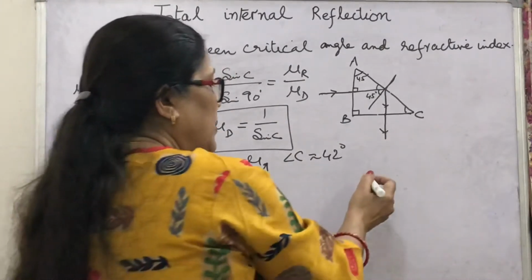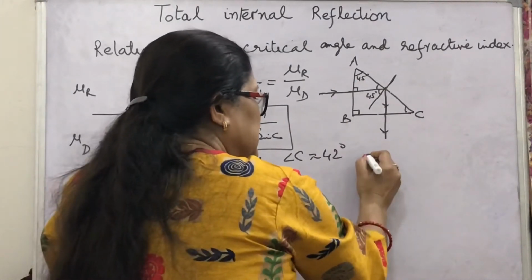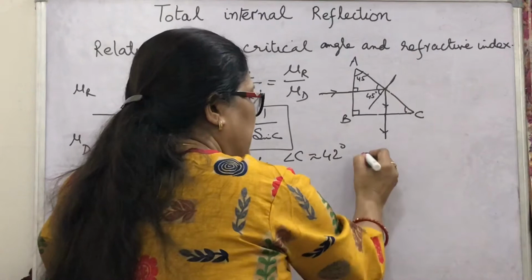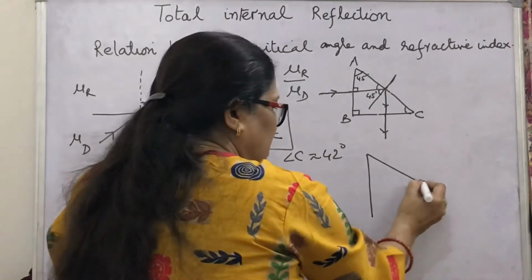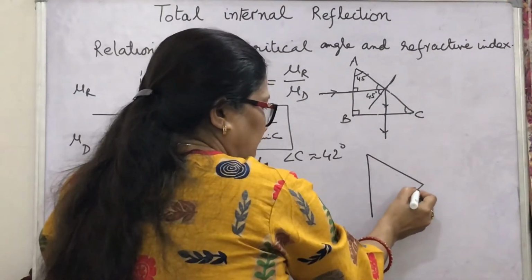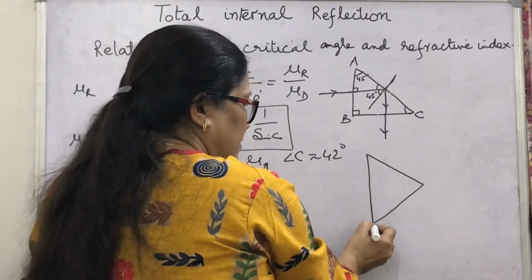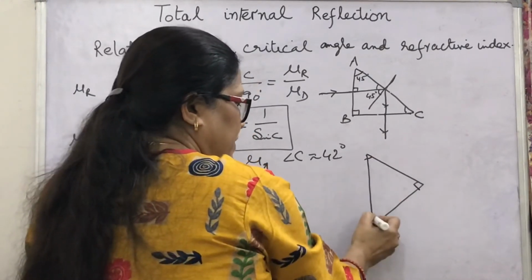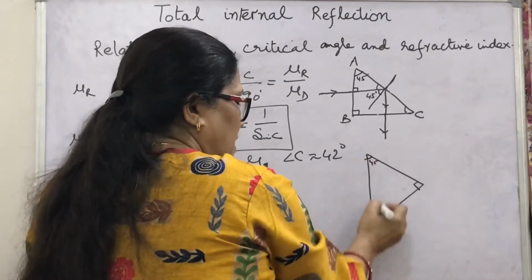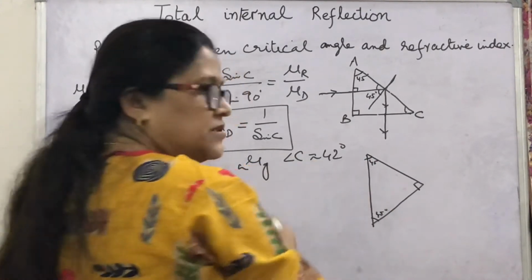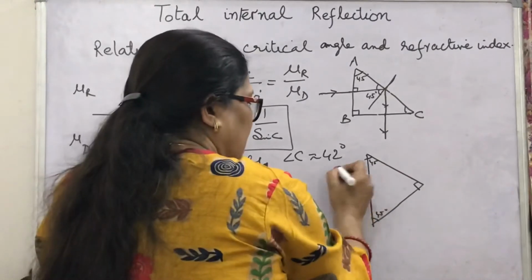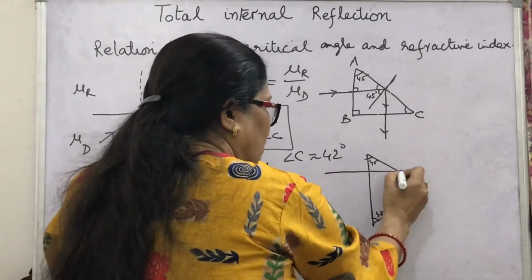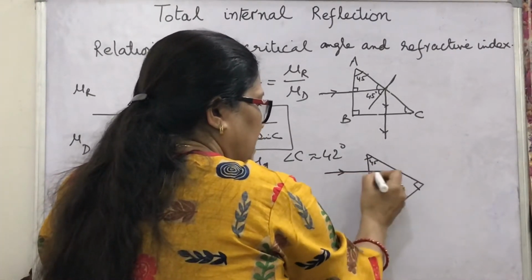Another case: if you place the same prism in this way, here you see the 90 degree angle, and these two are 45 degrees again. But how does the light ray enter? Look, again the light ray enters normally, so it will not bend at this point.